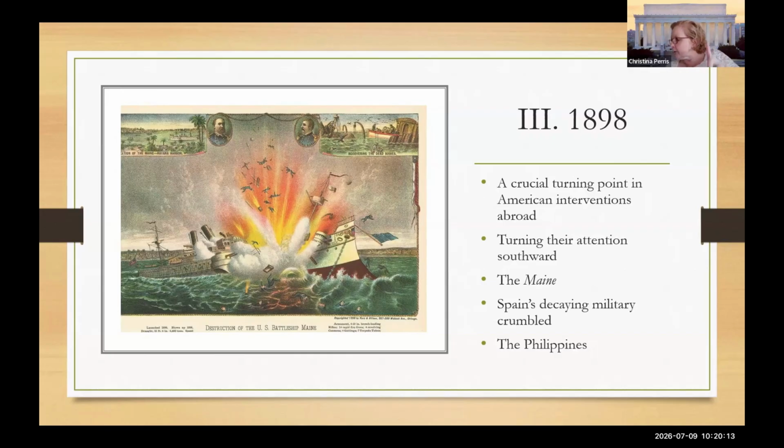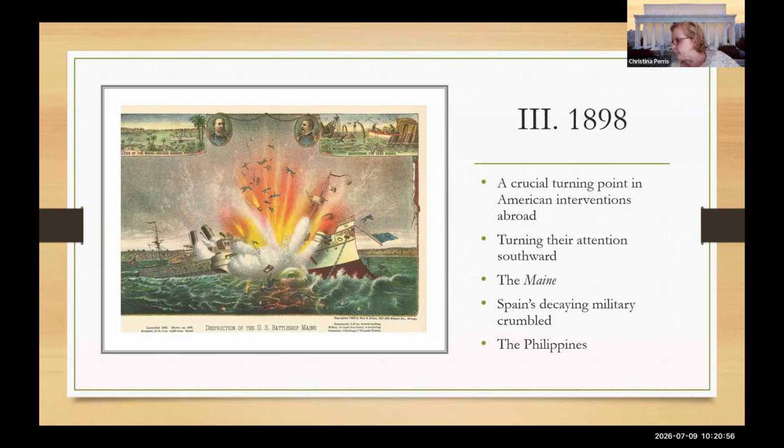So, although America's war effort began haphazardly, Spain's decaying military crumbled. Military victories for the United States came quickly. In the Pacific on May 1st, Commodore George Dewey engaged the Spanish fleet outside Manila, the capital of the Philippines, another Spanish colonial possession, destroyed it, and proceeded to blockade Manila Harbor. 2 months later, American troops took Cuba's San Juan Heights in what would become the most well known battle of the war, winning fame not for regular soldiers, but for the irregular, especially Theodore Roosevelt and his Rough Riders.